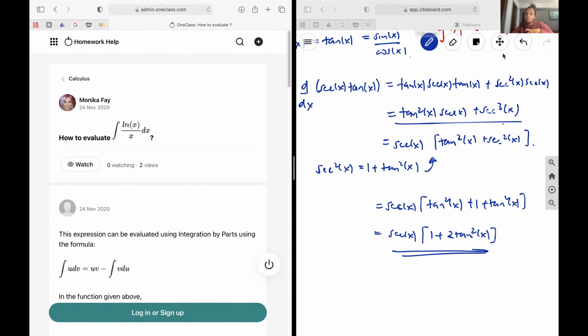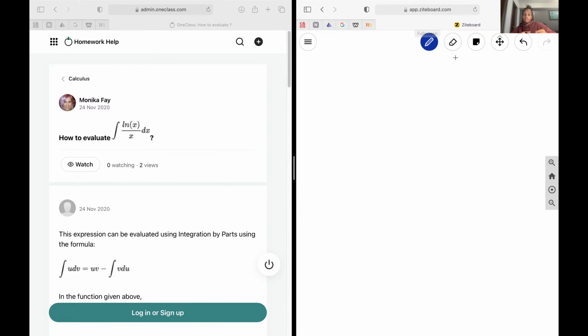Okay, next up, I'm going to be evaluating the integral of ln of x over x. And so again, I'll be using integration by parts. So the integral of u dv is equal to uv minus the integral of v du. Again, use ILATE to choose your u.